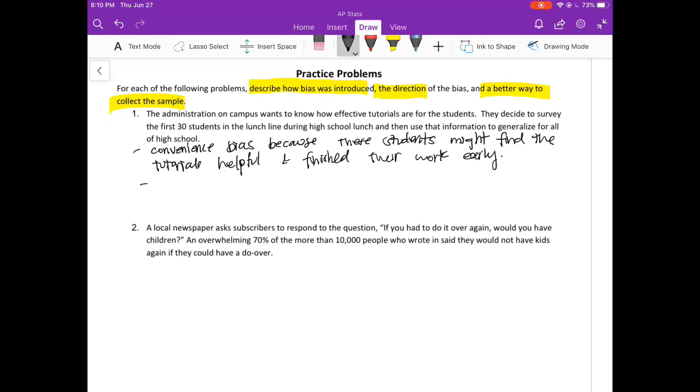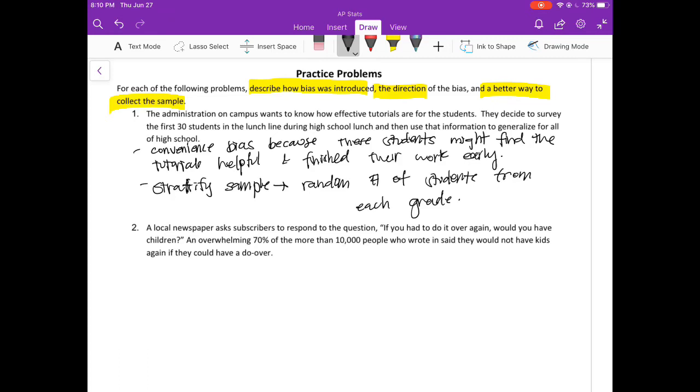So the best way to counter this is to stratify sample and get a random number of students from each grade.